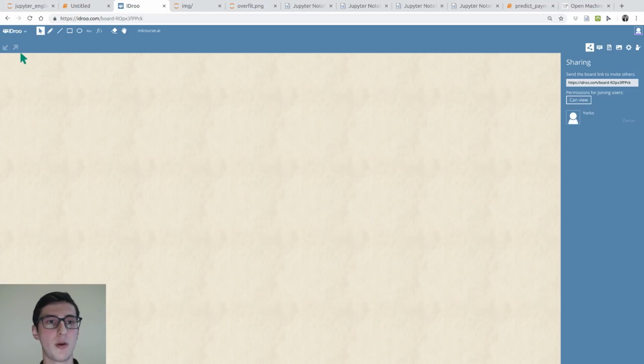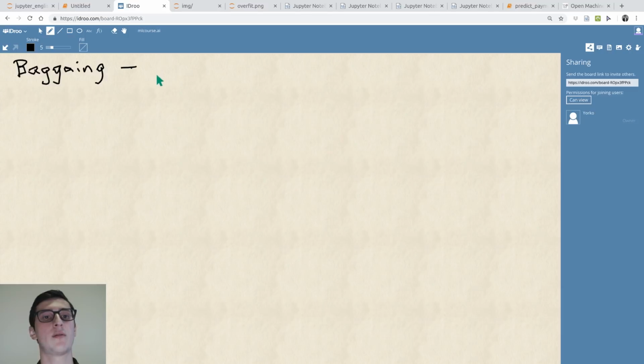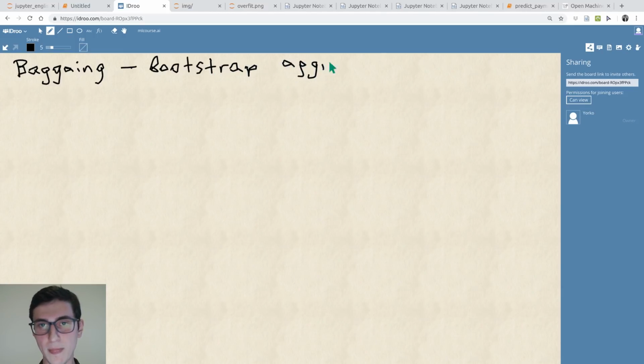A very common approach is to use bagging. Bagging stands for bootstrap aggregating. It relies on a very well-known statistical technique, bootstrap. This is the way that we form different datasets, and each classifier will be trained on a different dataset, and that will make classifiers somewhat different.